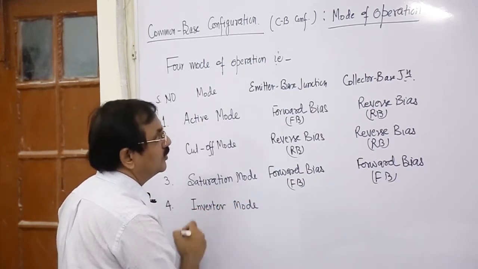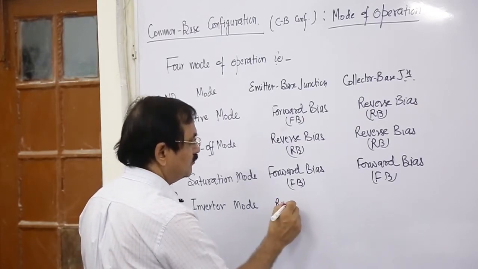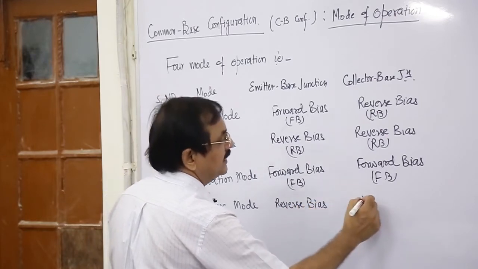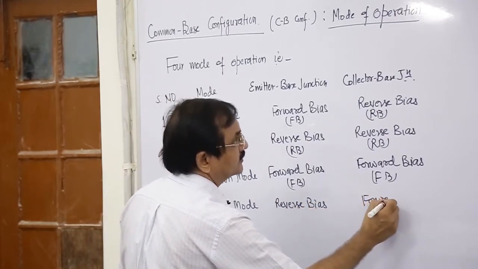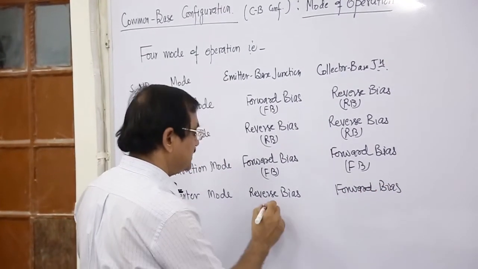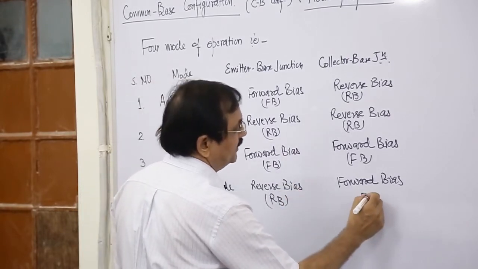In this inverter mode, this is reverse bias, and here it is forward bias. This is RB and here it is FB.